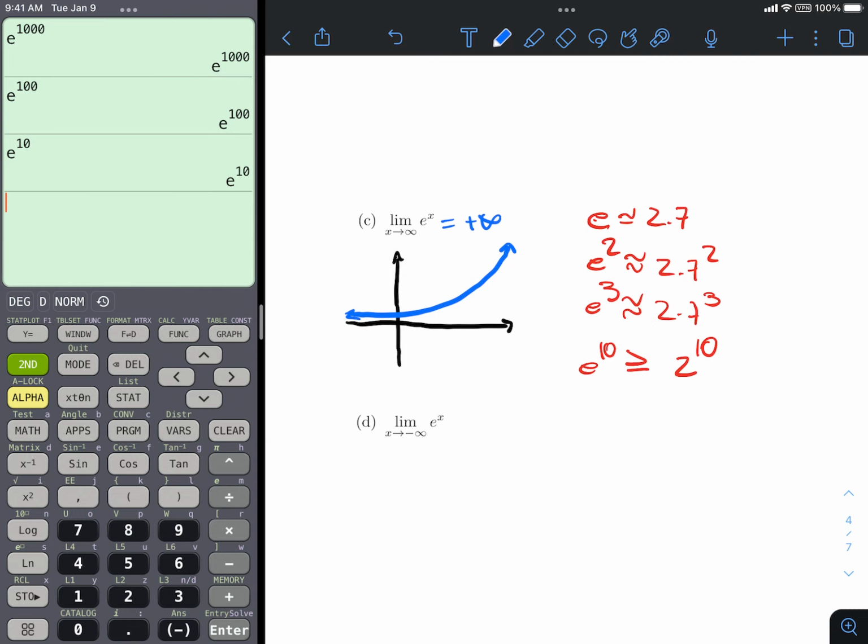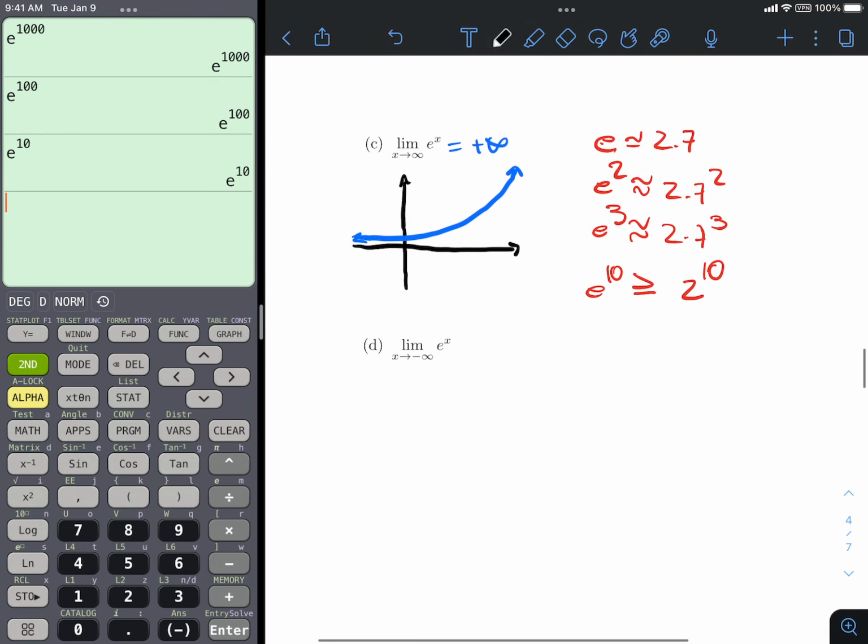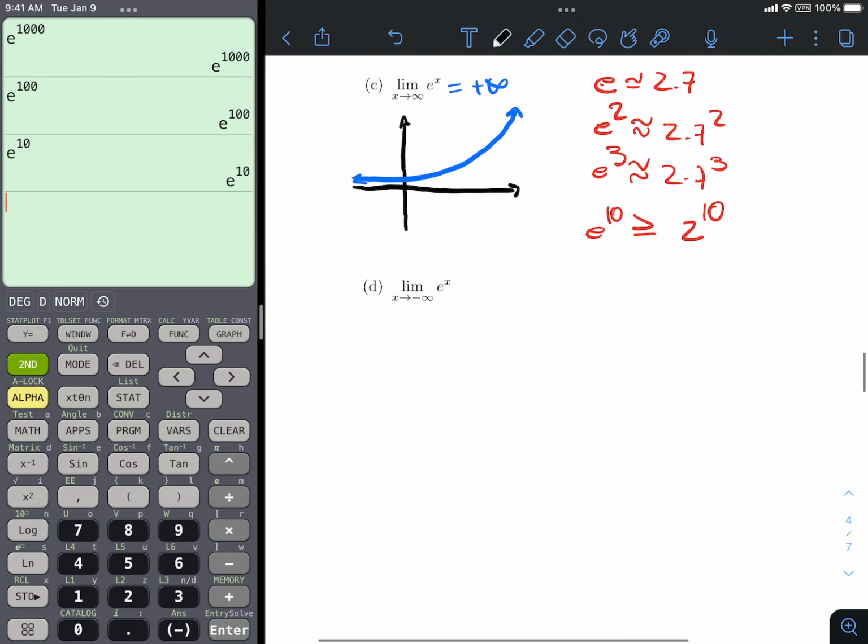Now, maybe this calculator is going to help us. So let's see. I won't repeat the graph, but now we're making x go to minus infinity. We're going to the left. X is getting more and more negative. So like x equals minus 1,000. Maybe minus 1,000 is too much. Let's try minus 100.